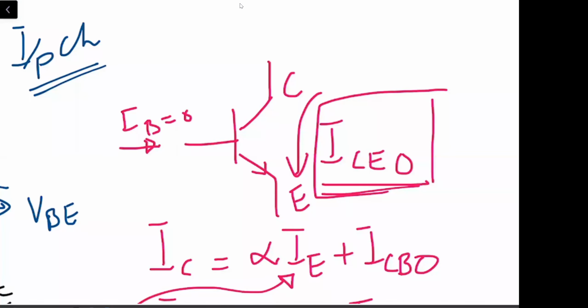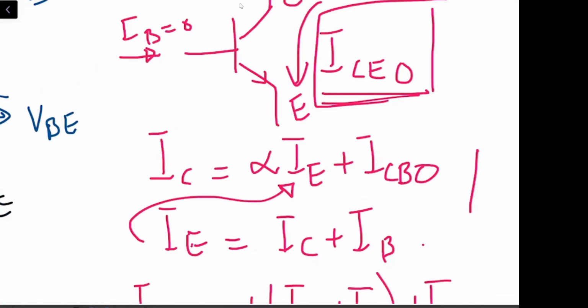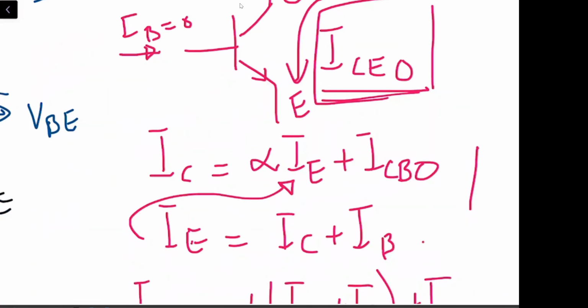Okay, so last time in the common base configuration, we obtained this equation: IC is equal to alpha times IE plus ICBO. Now we also know that IE is equal to IC plus IB, where IE is the emitter current, IC is the current flowing in the collector circuit, and IB is the current flowing in the base circuit, right?